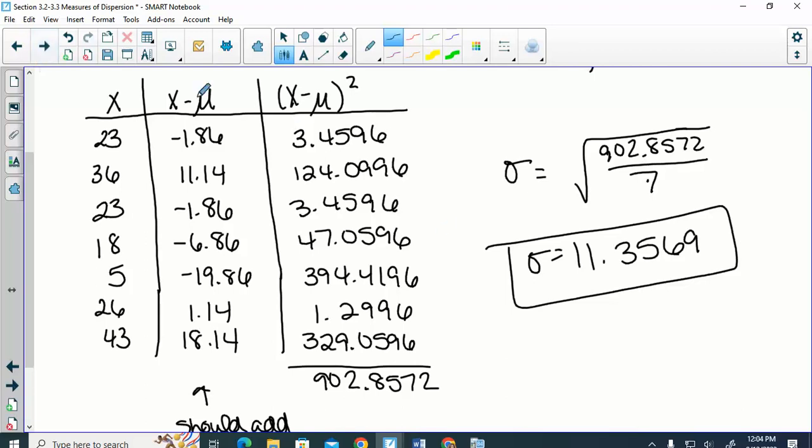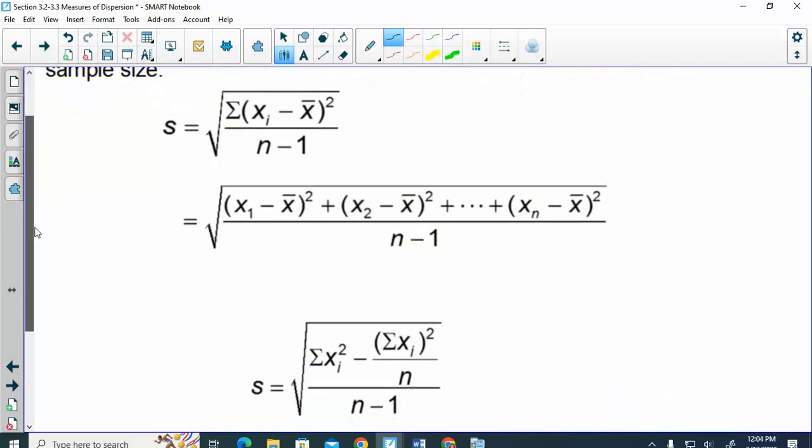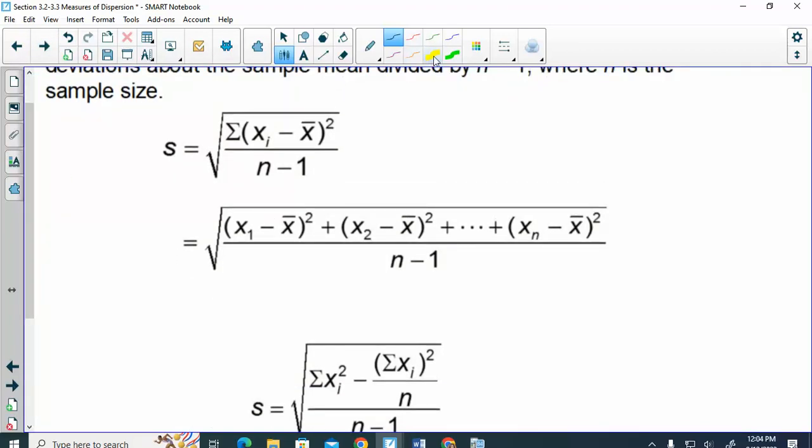So if your data is just a sample, when we calculate the standard deviation, we're going to use this formula. So S means sample standard deviation, which is on our formula sheet if we forget. What's X bar mean? The mean of the sample. So it's the same thing.